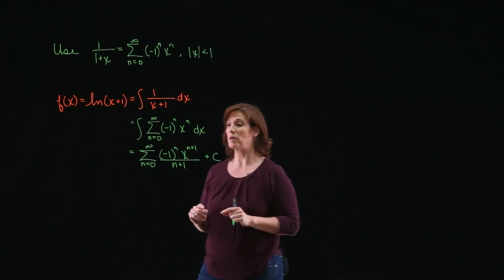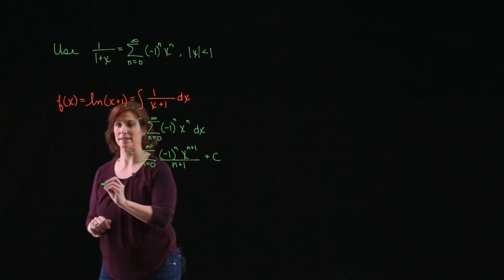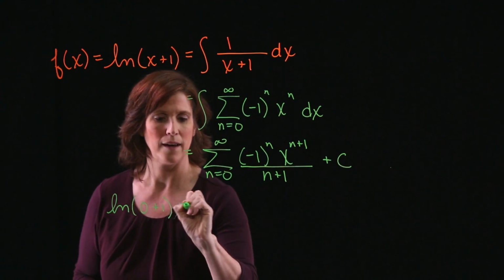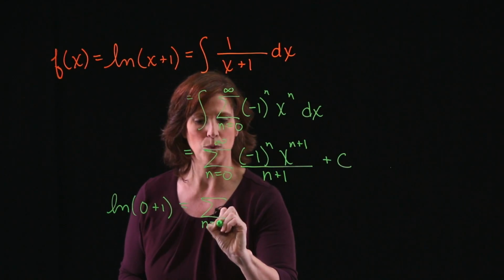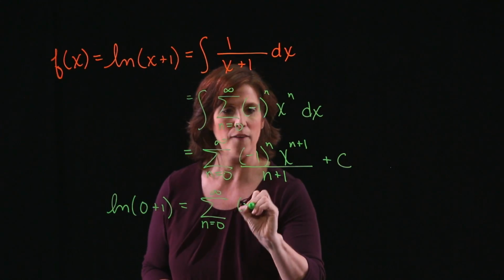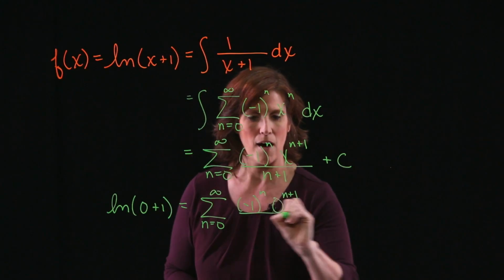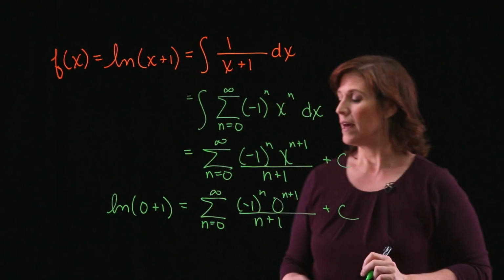This one is centered at 0, so let's substitute 0 for x. I have the natural log of 0 plus 1 equals the sum from n equals 0 to infinity of minus 1 to the n, 0 to the n plus 1, all over n plus 1, plus a constant.